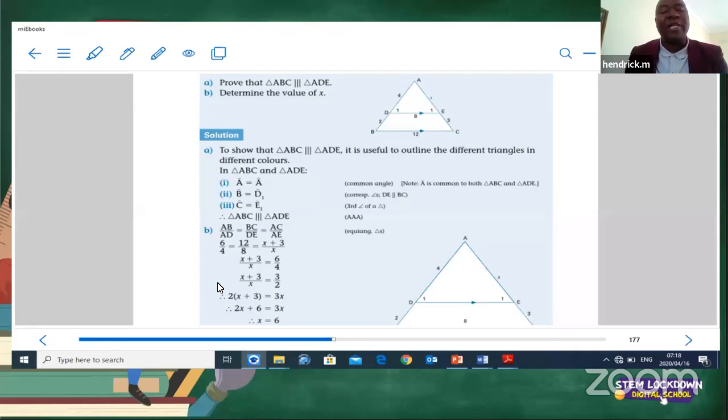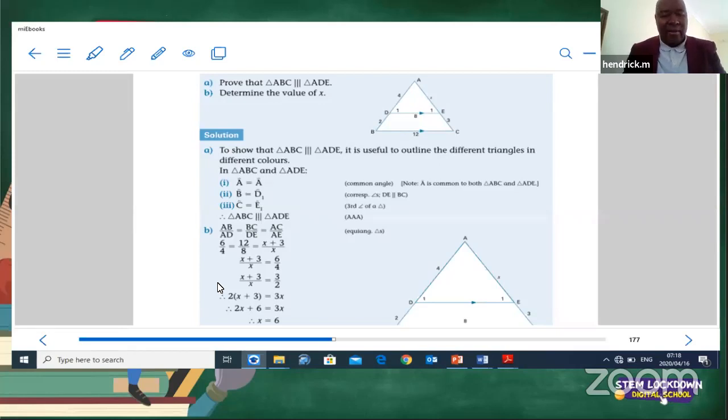So I want you to first separate the triangles. You can draw it on the side and have two separate triangles, ABC and ADE. I hope that you have done that now. Now you've got two triangles not attached to each other.